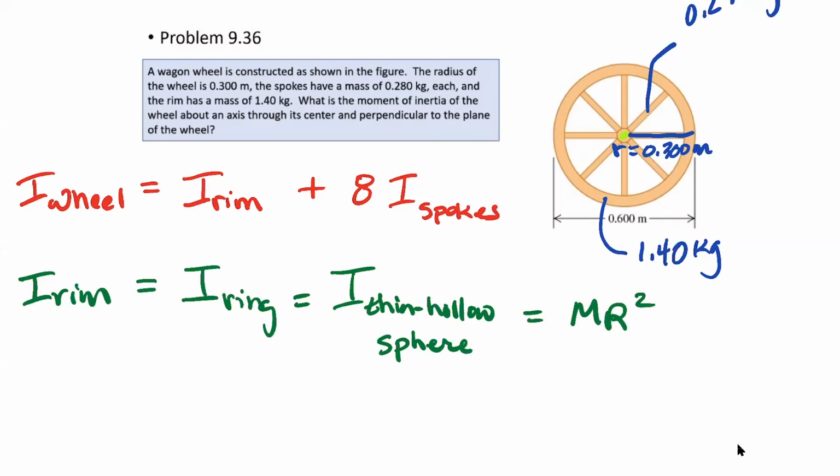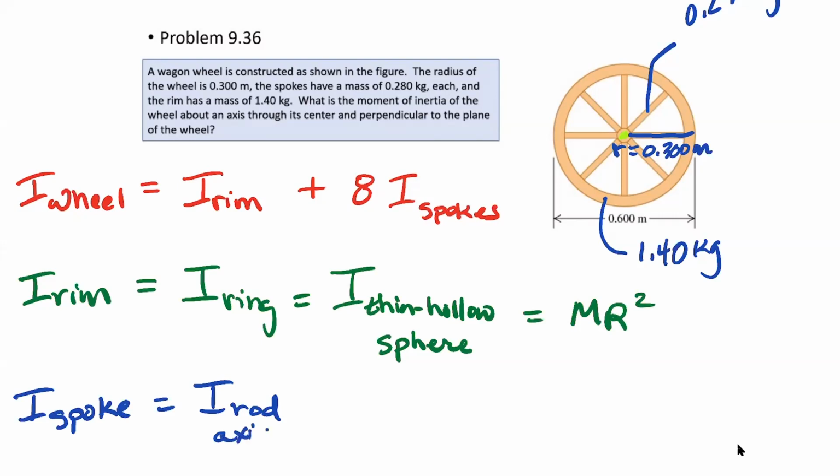All right, now let's look at the spoke. A spoke looks very much like a rod. However, which rod? Is it the rod that has the axis at the end or at the center?